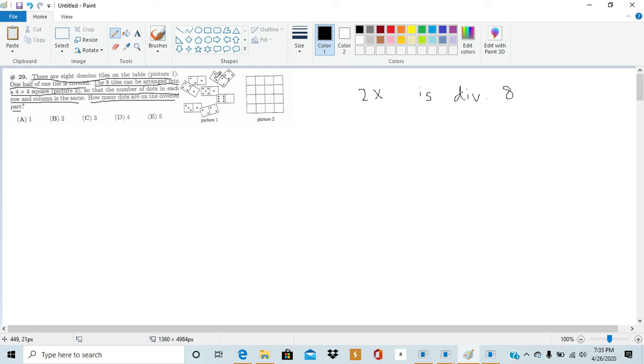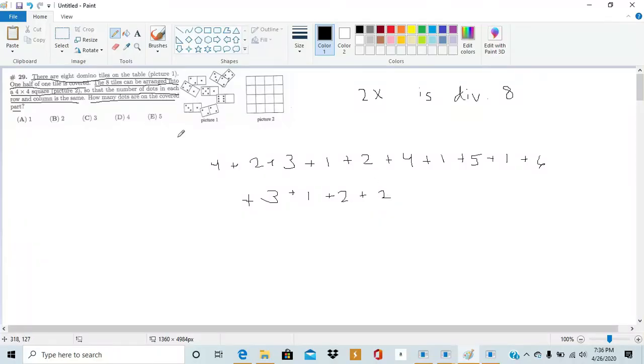So let's just tally up all the dots for now. And then this is the number of dots that we can see. And to find out the number of dots we don't know, well, we don't know that for now, but let's just represent it as D. We know that the sum of all this times 2 has to be divisible by 8. So now we just need to add it up and see what value of D will make this possible.